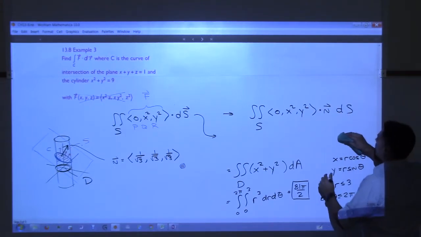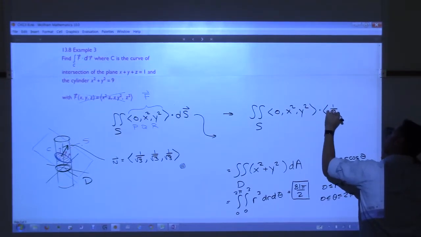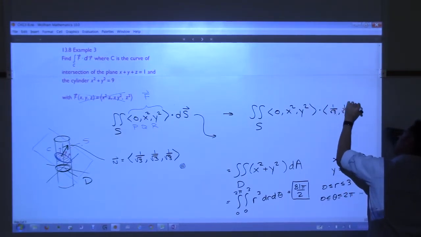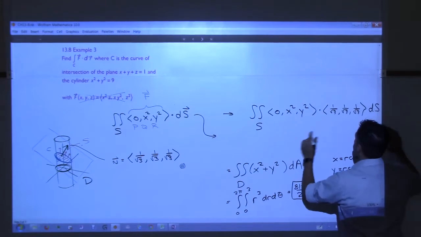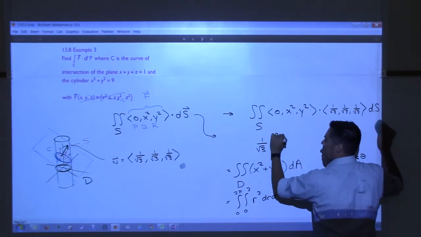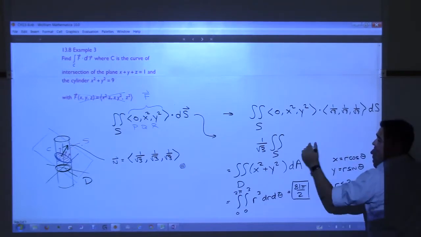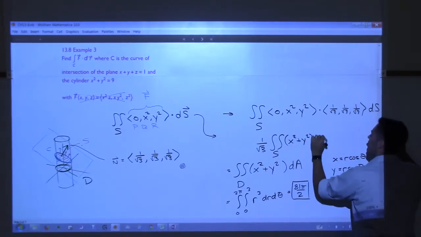Then when I dot this normal, let me put the normal in here: 1 over root 3, 1 over root 3, 1 over root 3, ds. All it does is pull a 1 over root 3 out of the double integral. And then you still have x squared plus y squared, ds.